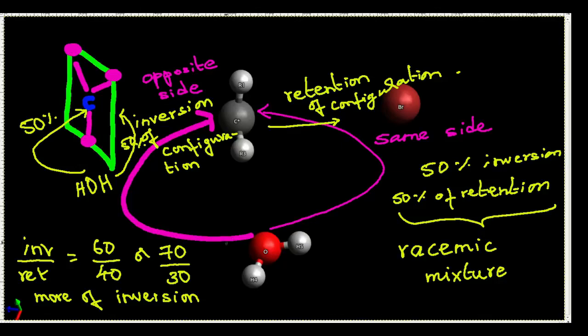So it becomes difficult for the incoming nucleophile, in this case water, to approach the carbocation from the same side from where the bromine is leaving, and it becomes easier for the approaching nucleophile to attack from the opposite side. So that explains why we get more inversion than retention, although theoretically one would expect a racemic mixture.